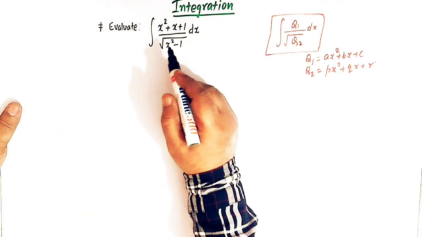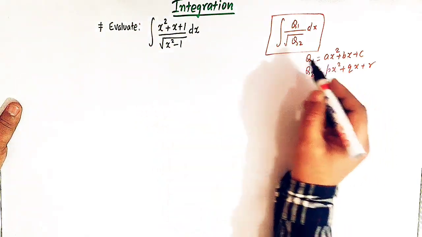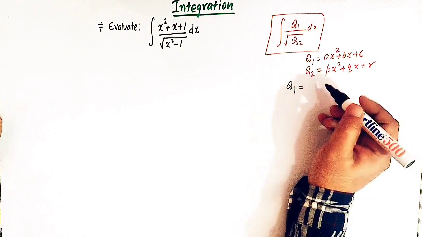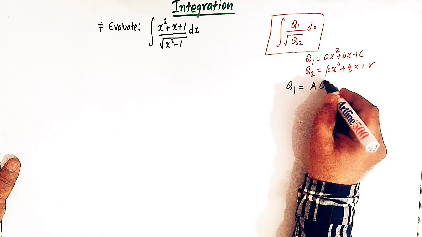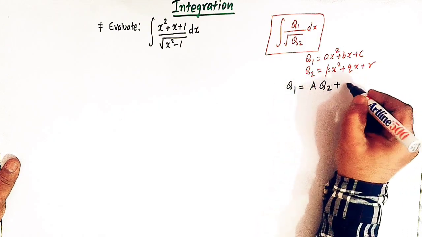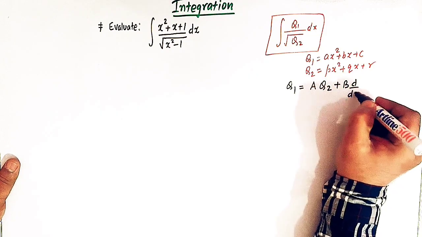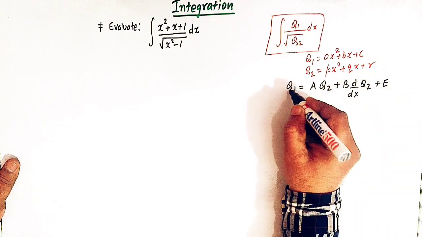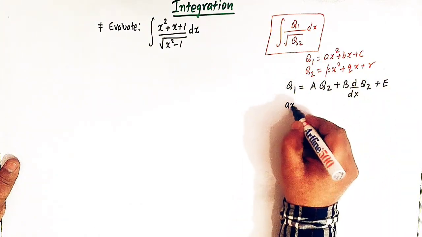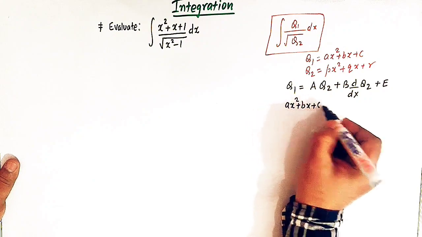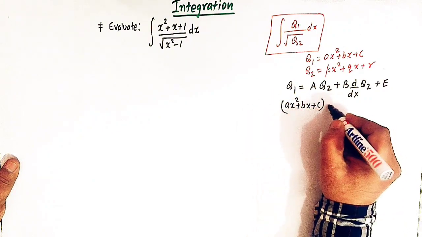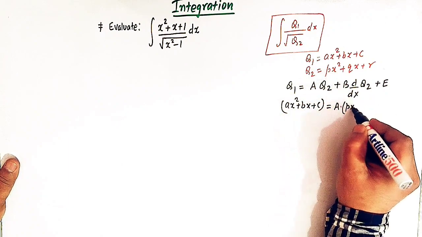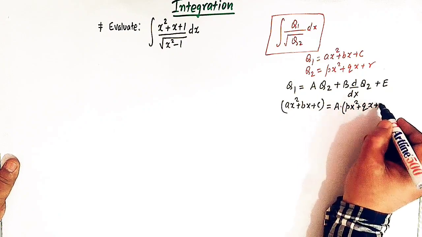So the method to integrate these type of functions is that we express this q1 as a times q2, and then we have here b times the derivative of q2 and plus e, right? So if we take q1 as ax square plus bx plus c, then ax square plus bx plus c can be written as a times here q2 is px square plus qx plus r.